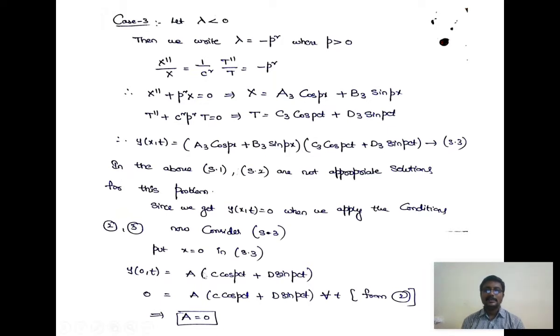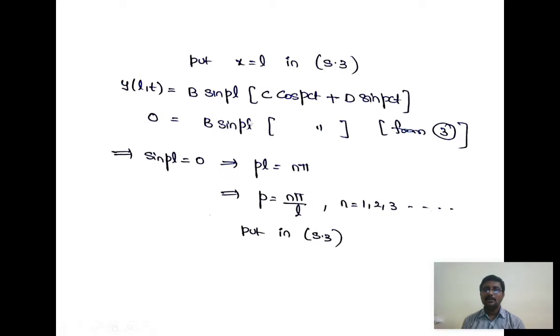Now putting x equal to 0, y of 0,t is a into (c cos pct plus d sin pct). Substituting the values, we will get a value as 0. Now putting x equal to L, we will get y of L,t is b sin pL into (c cos pct plus d sin pct), but y of L,t value is 0.